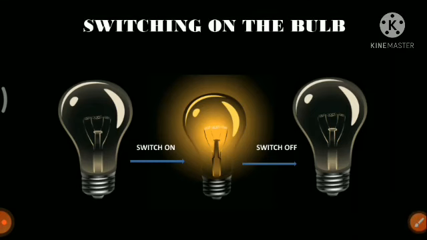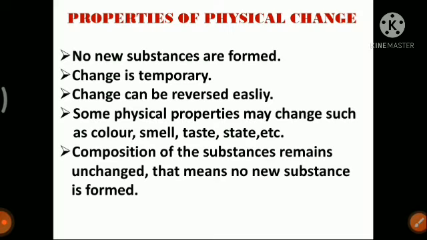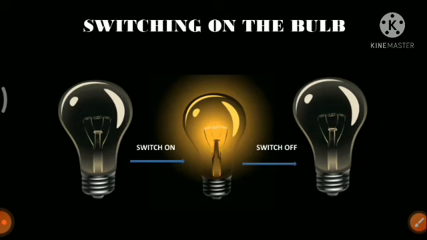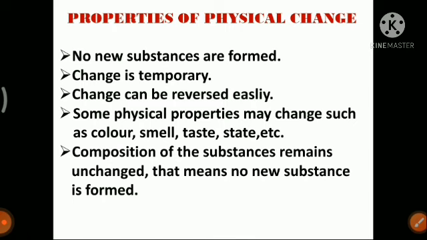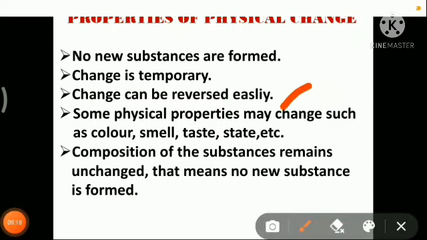In this example also, no new substance is formed, only the appearance is changing. And the change is temporary. As soon as we switch on the electricity the bulb glows, and as soon as we switch it off the bulb stops glowing. So the change is temporary and not permanent. Since the change is temporary, we can easily reverse it.